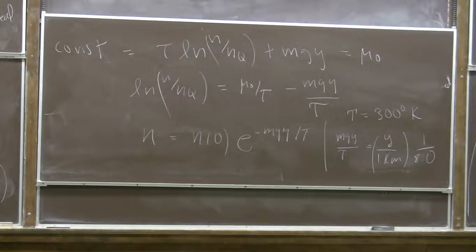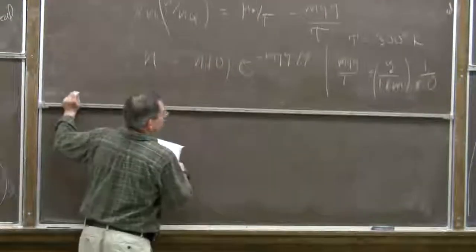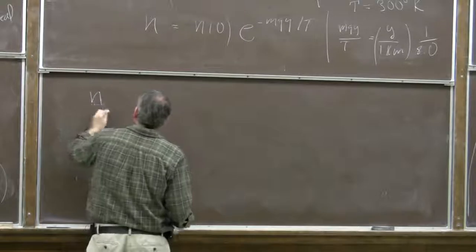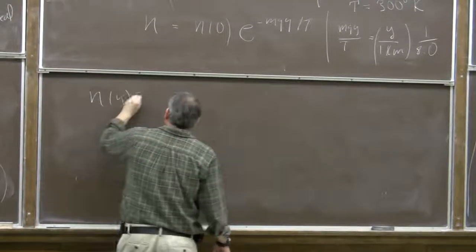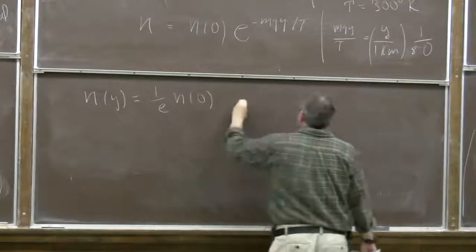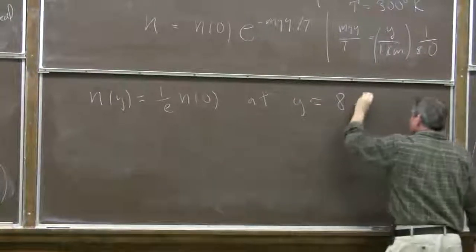So the concentration falls off to 1 over e times n of 0 at a height of about 8 kilometers.